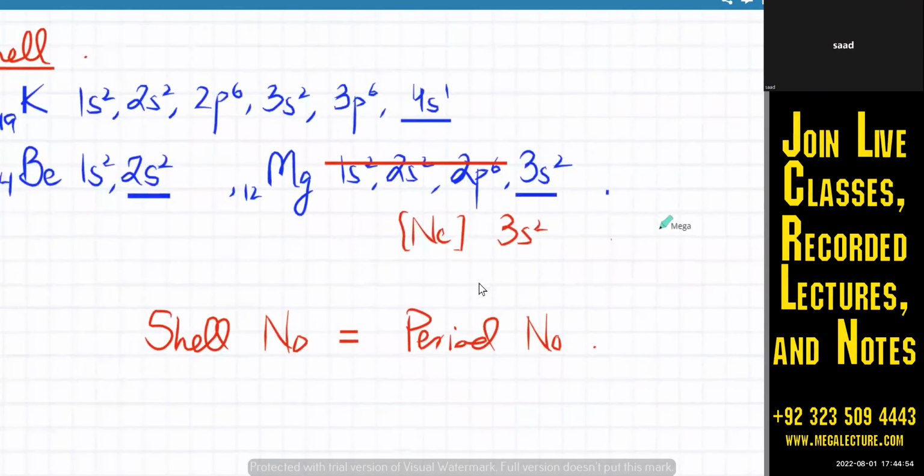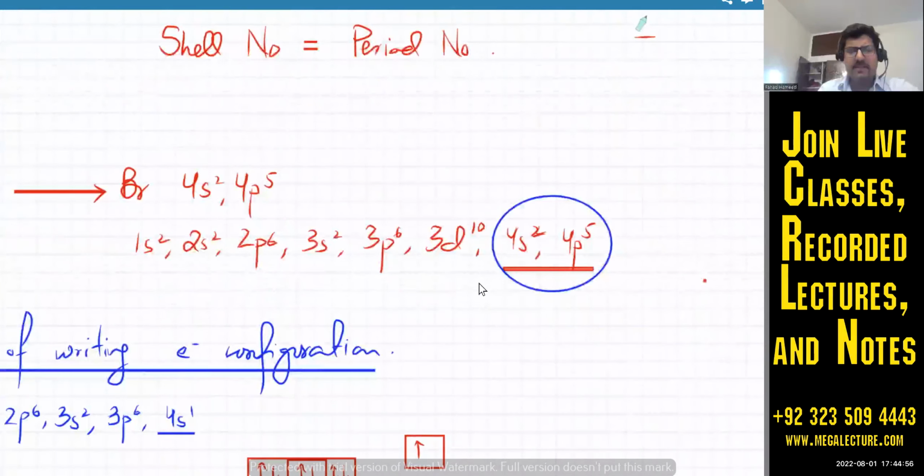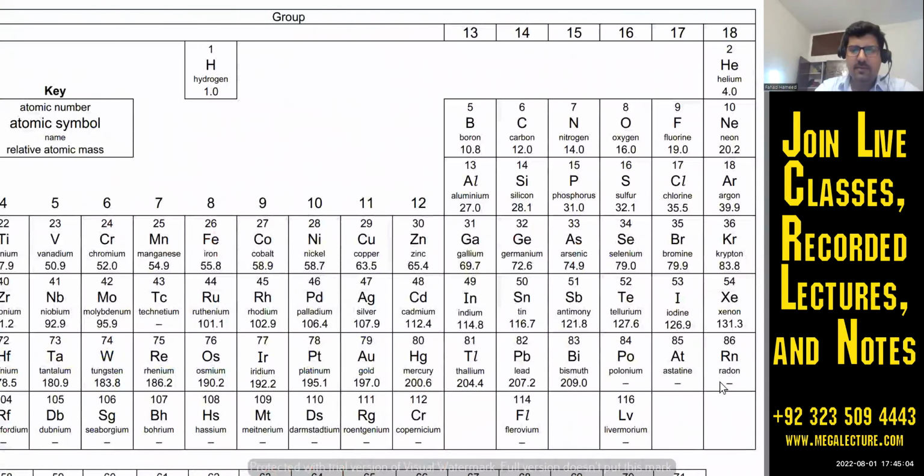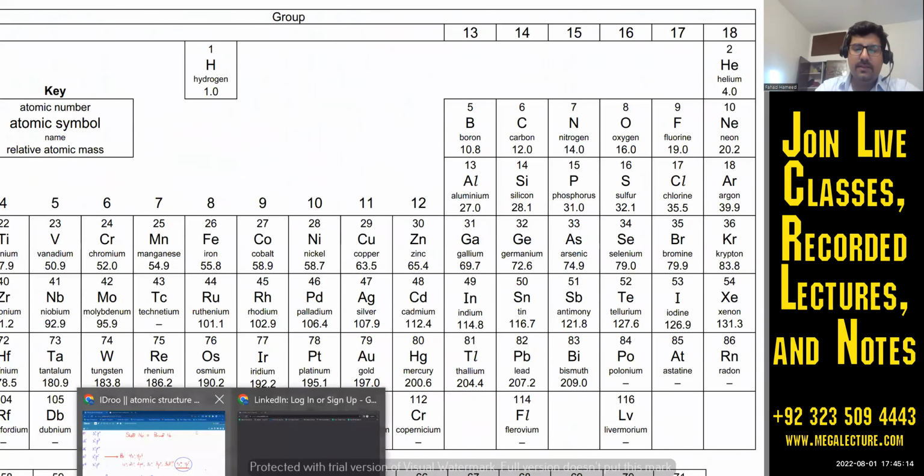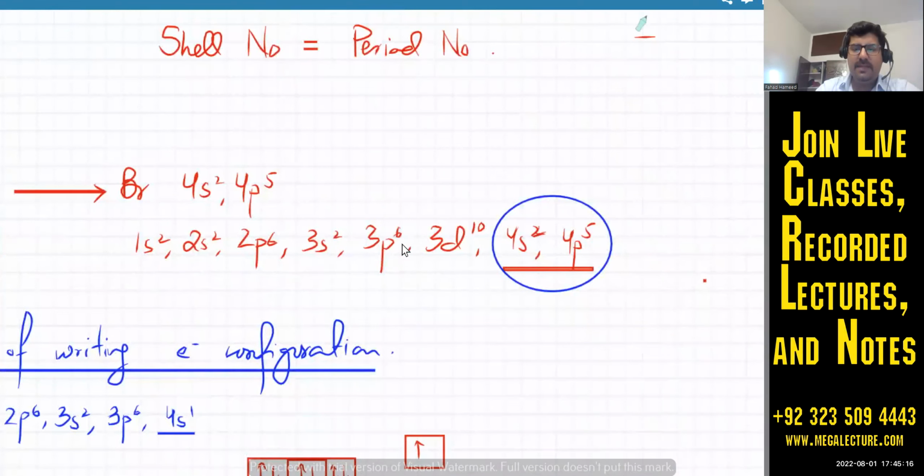Yes. And then you can do the same for bromine. What comes before bromine? Before bromine, argon comes. That's 18. If you go all the way before bromine, 18 electrons is argon. So 18 will be up till this point, up to 3p6.